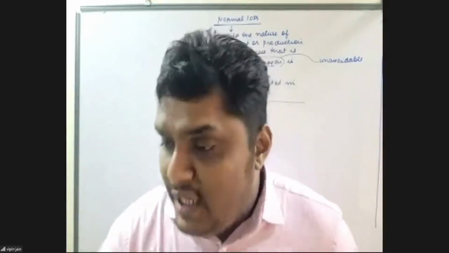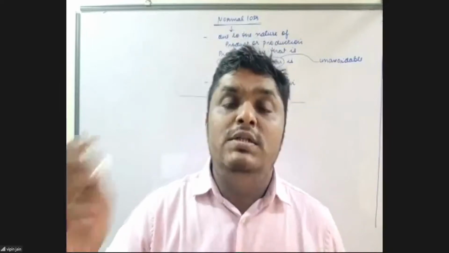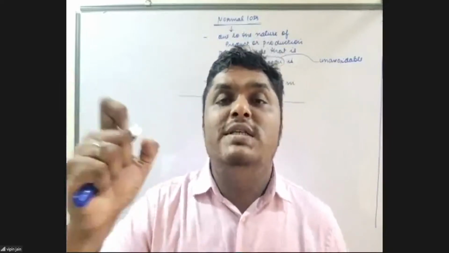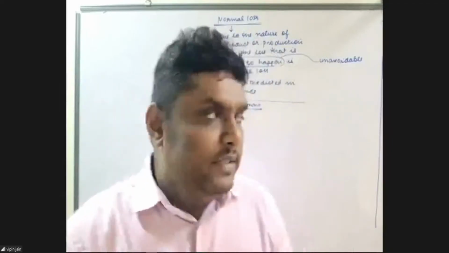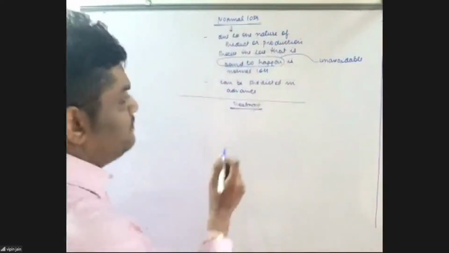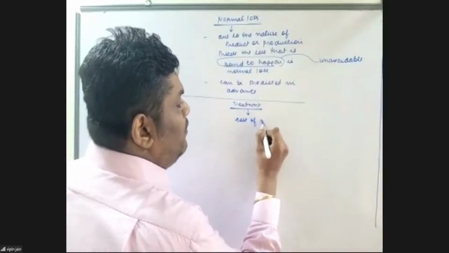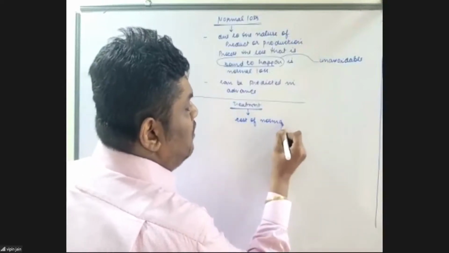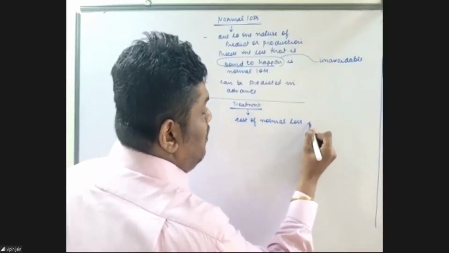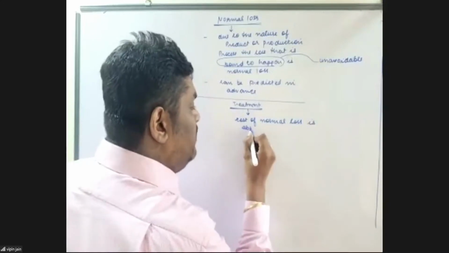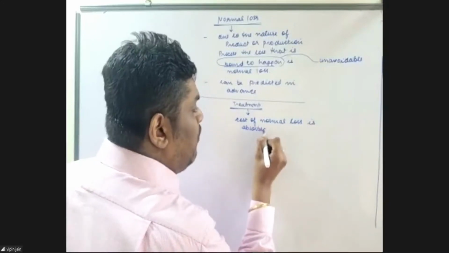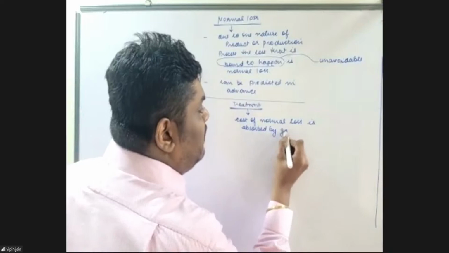Again, when talking about the treatment of normal loss, the cost of normal loss is to be absorbed by good units.